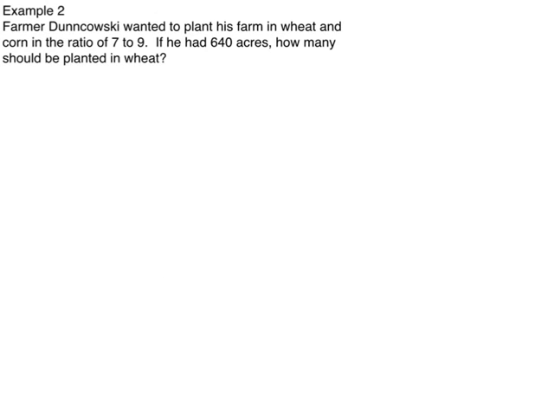Farmer Dunkowski wanted to plant his farm in wheat and corn in the ratio of 7 to 9. 7 to 9. Okay? Wheat and corn. If he had 640 acres, how many should be planted in wheat? 640 acres is the total number of acres.